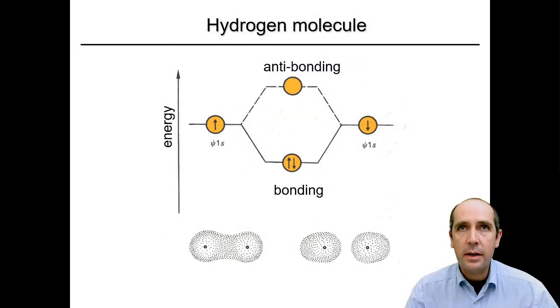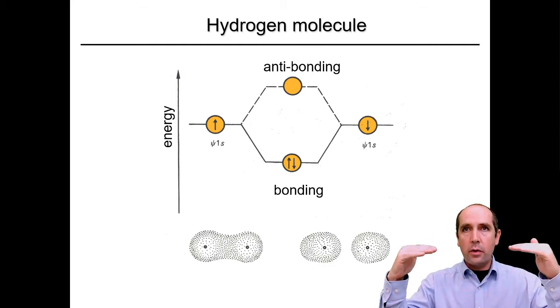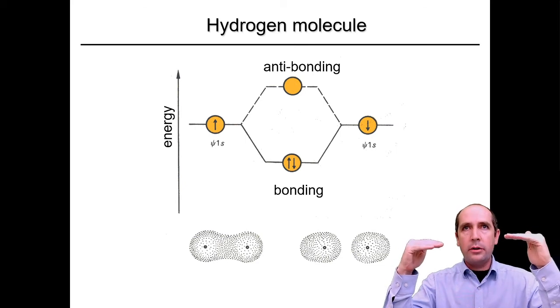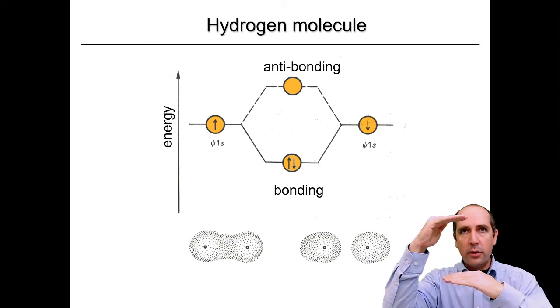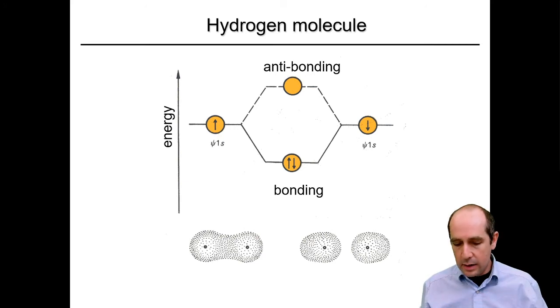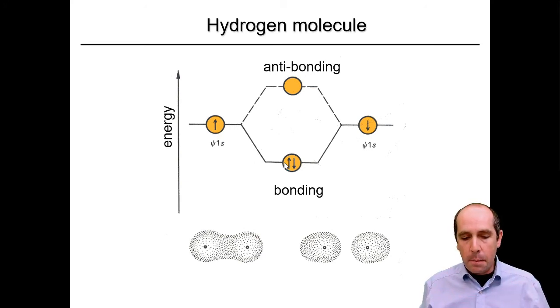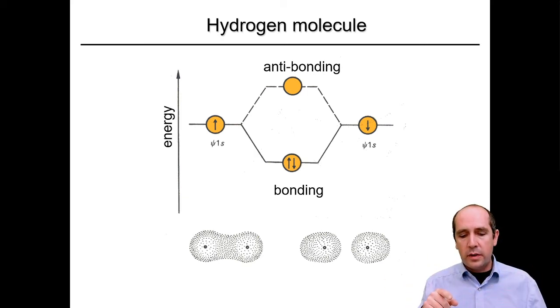It so happens that the bonding and anti-bonding states are the result of combining the two atomic orbitals, and one of them produces a lower energy state, which is usually the bonding state, and the other produces a higher energy state, which is the anti-bonding state. And therefore, in many cases, the combination of atoms produces molecules, because the bonding state is more favorable energetically.